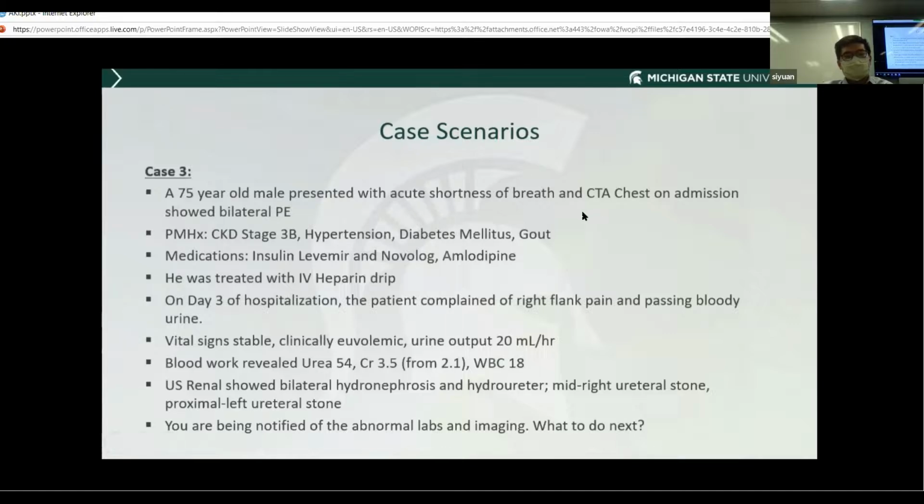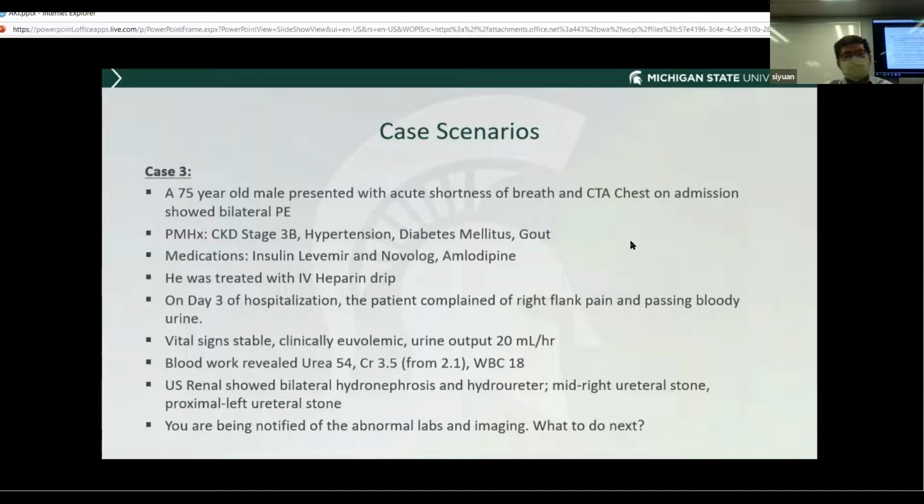He was started on a heparin infusion and was doing well, and on day 3 of hospitalization, he complained of right flank pain and passing bloody urine. Clinically, he's stable and euvolemic, and urine output is 20 cc per hour, which is reduced. His blood work shows elevated creatinine as well as an elevated white cell count.